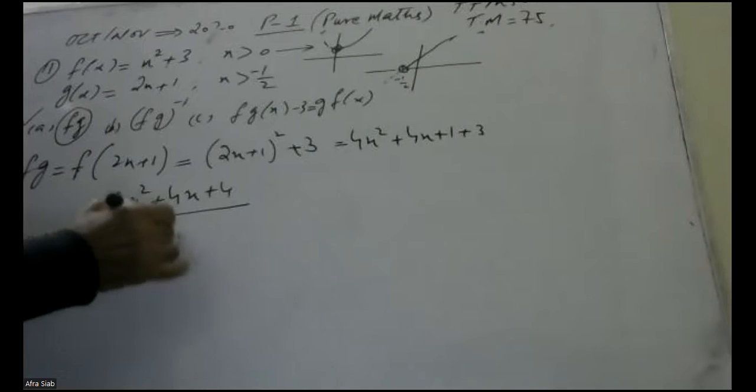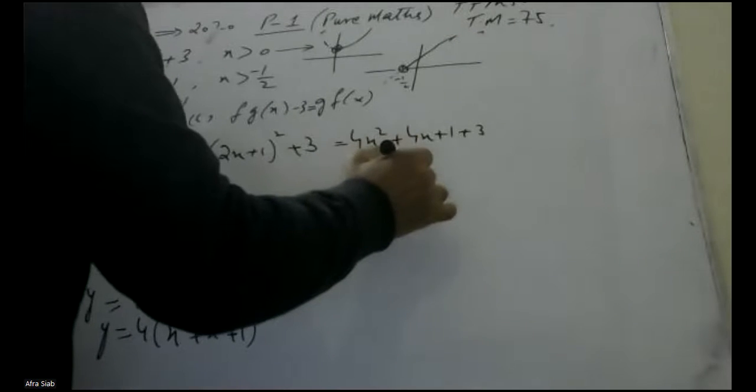Then they are asking in the second part FG whole inverse of x. Let y is equal to FG of x, then x is equal to FG whole inverse of y there. So we will calculate the value of FG, and we will find out the inverse of this function.